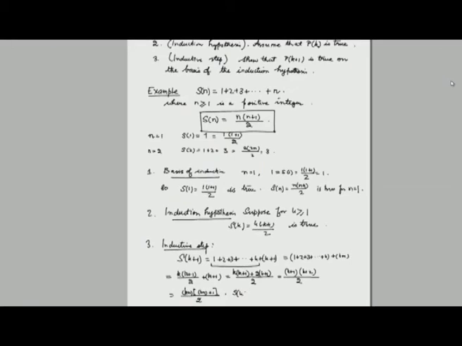So, this means, very strictly speaking, S_k equal to k into k plus 1 by 2 implies S_(k+1) equal to k plus 1 into k plus 1 plus 1 divided by 2.